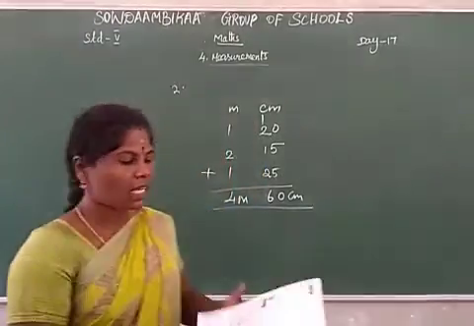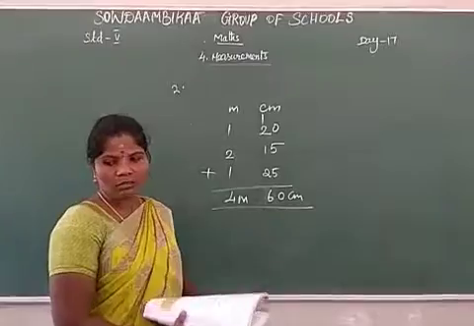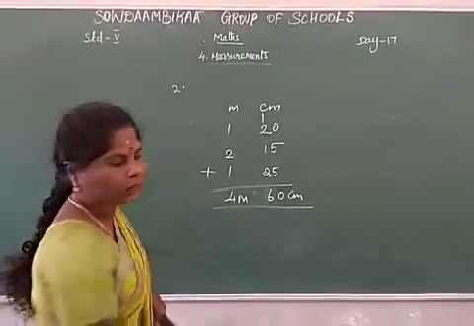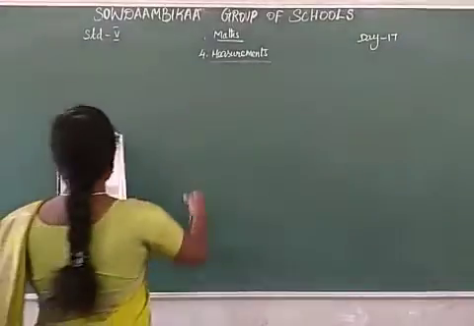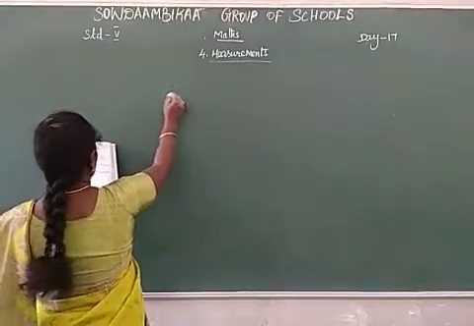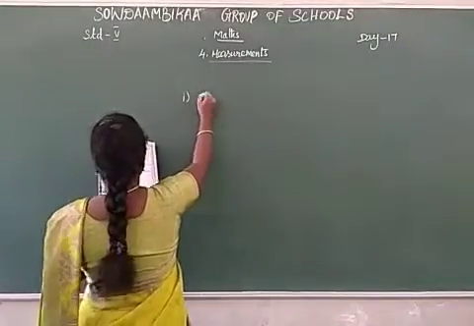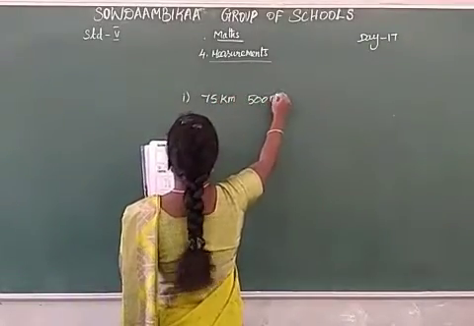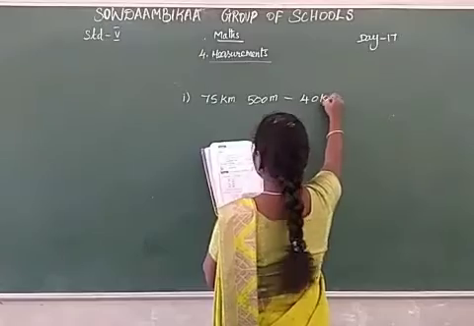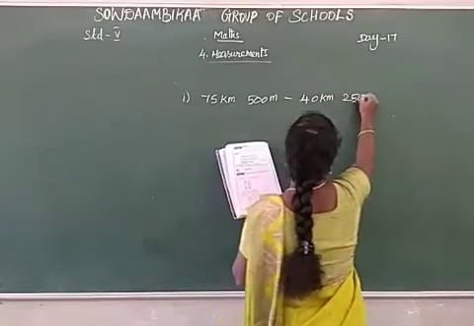Okay. Next is subtraction. Find the difference. First one: 75 kilometer, 500 meter minus 40 kilometer, 250 meter.